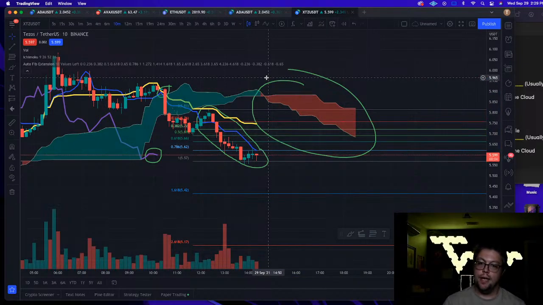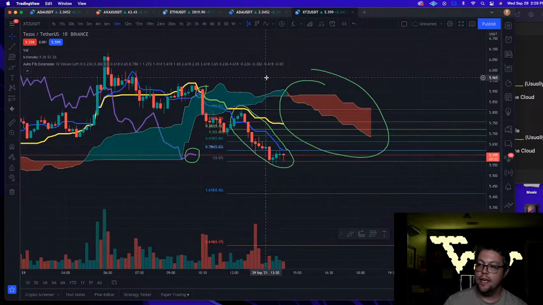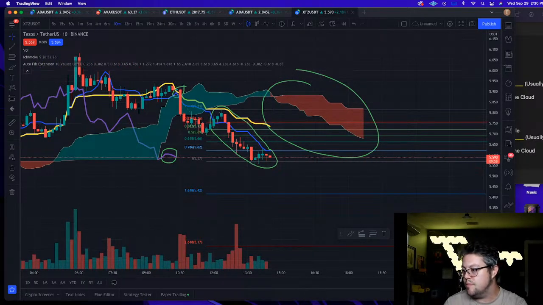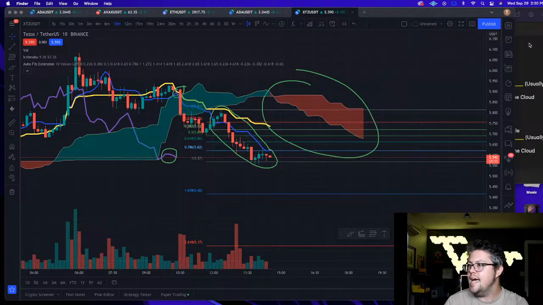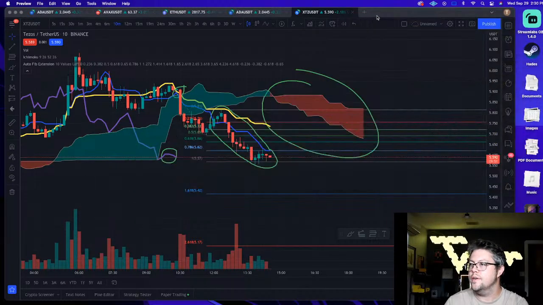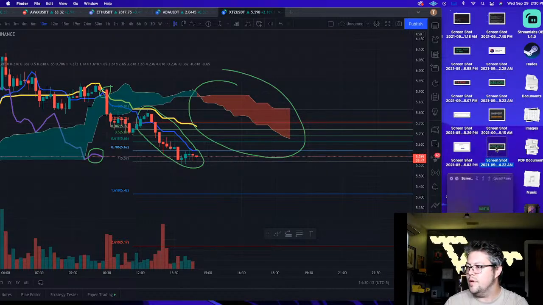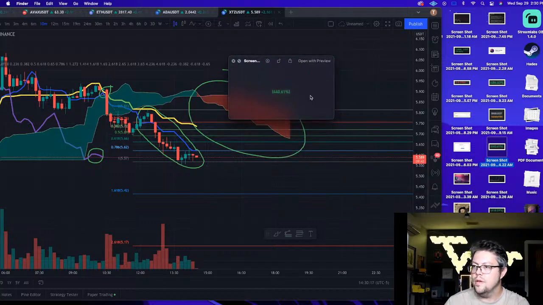Like what I did last night with ADA and had really good success on, and I'll show you. I've got to show you my stats, my BNB trade here. So this morning I woke up and this was my BNB trade, which was pretty small because I just learned about this yesterday.